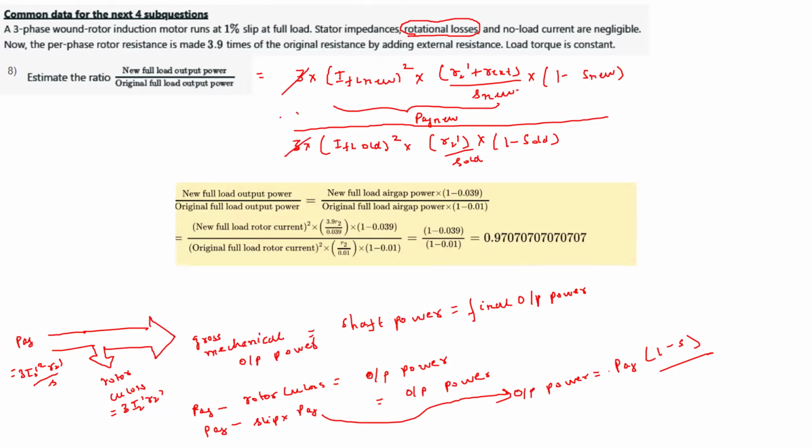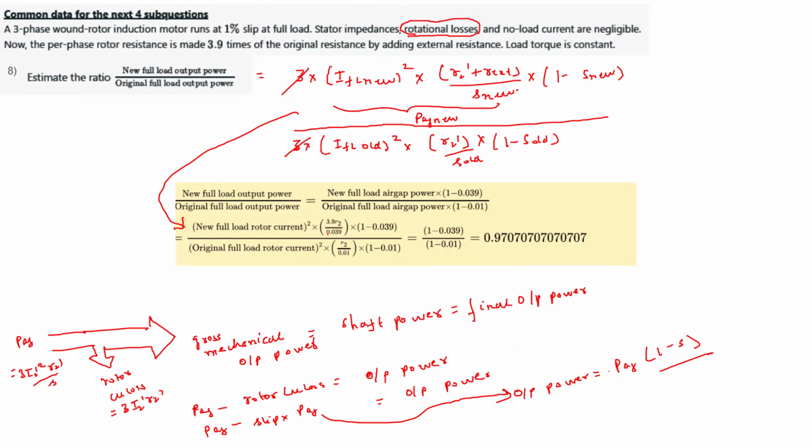So this can be written like this. It becomes new full load rotor current square, I full load new square, divided by original full load rotor current square, I full load old square, into R2 dash plus R external by S new. Now what is R2 dash plus R external?